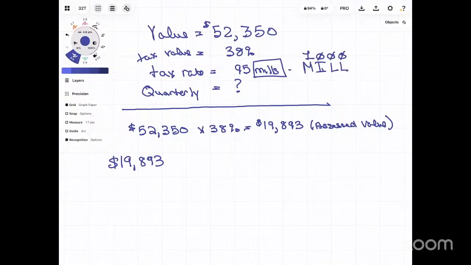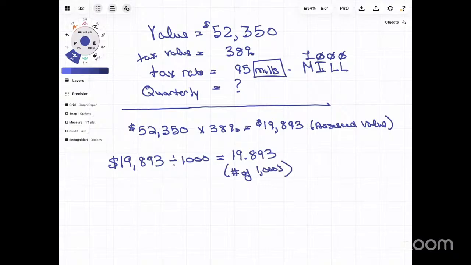So in this case, I'm going to divide this by 1,000. 19,893 divided by 1,000 is 19.893.